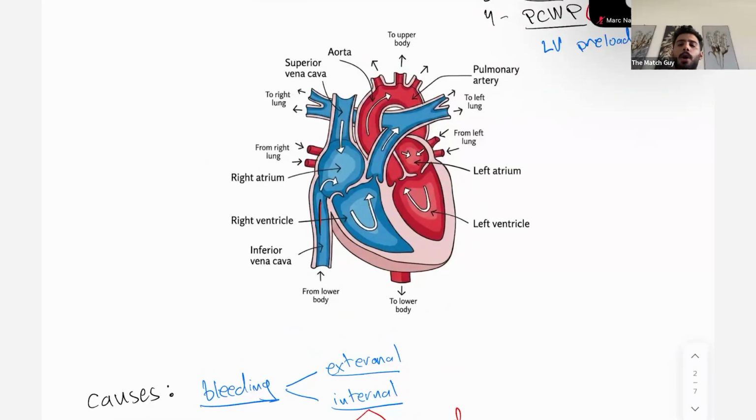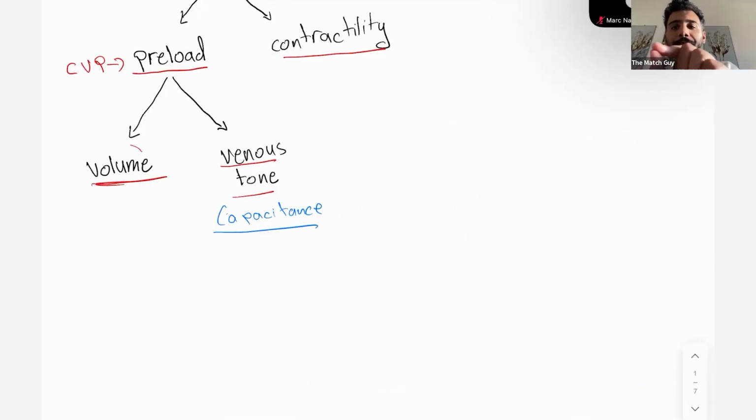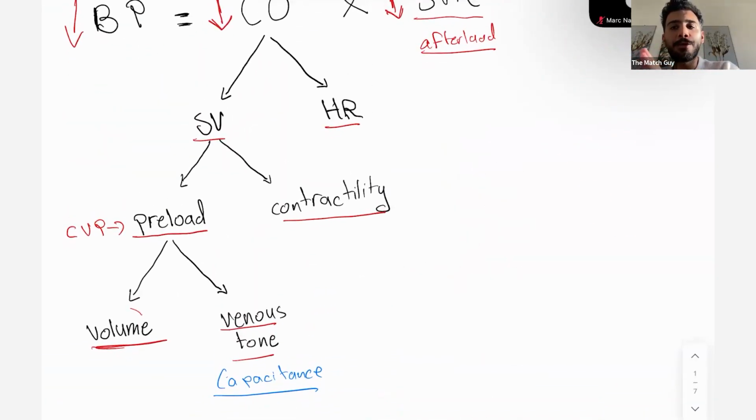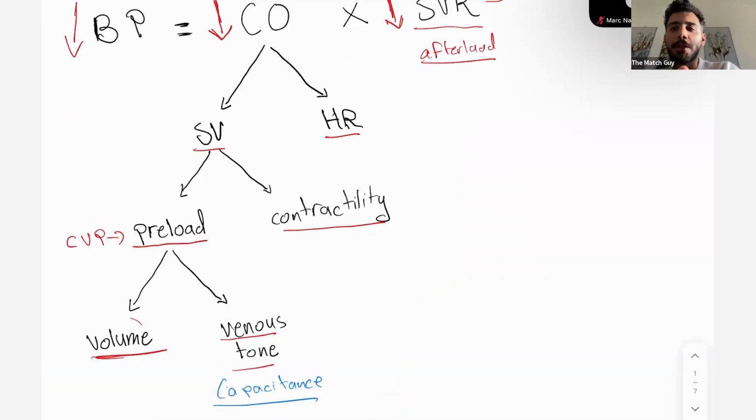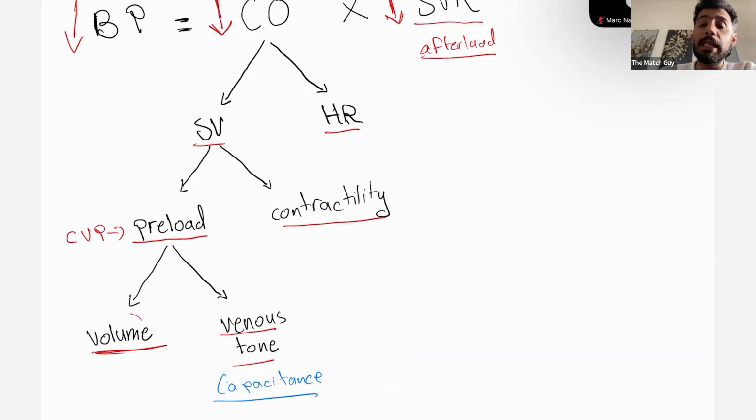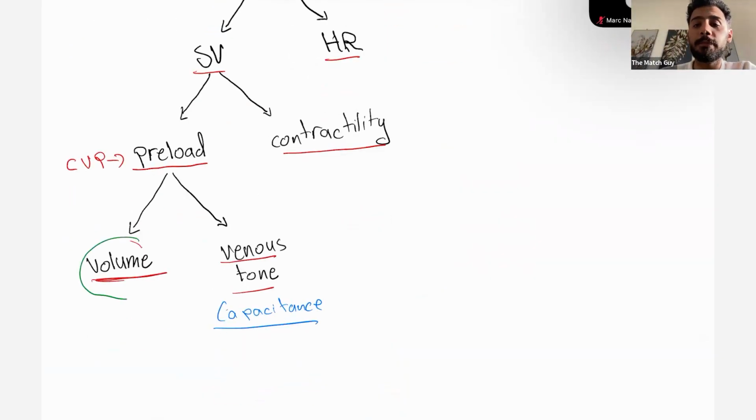Now let's go back to this drawing and see what is going to happen. So we said in hypovolemic shock, we're going to have low blood volume. Coming back to our drawing of all of the variables that control blood pressure, this is the volume of blood, okay?